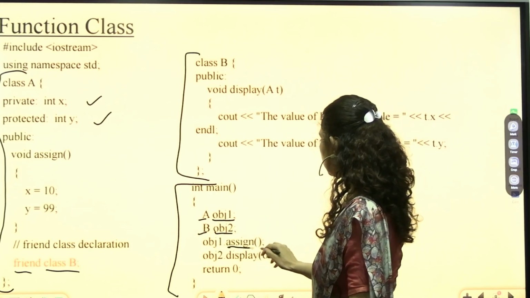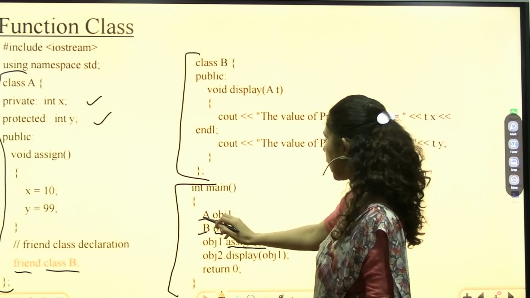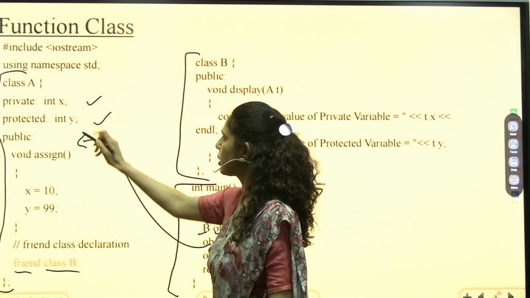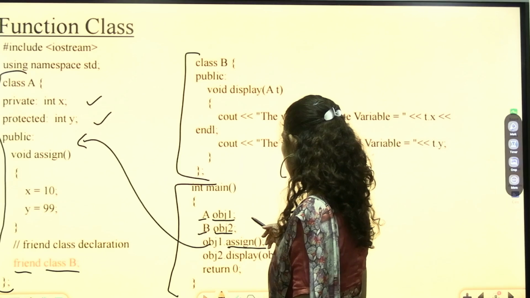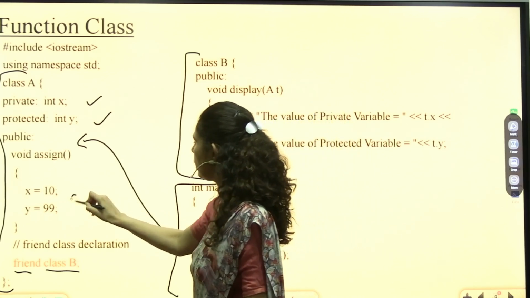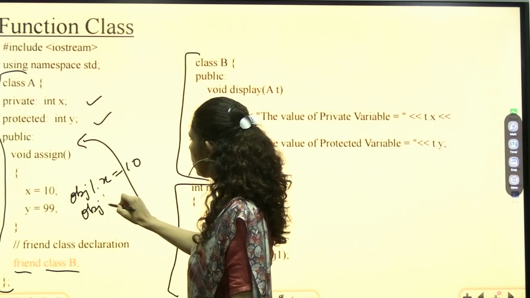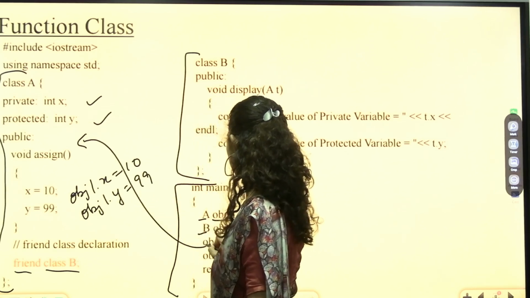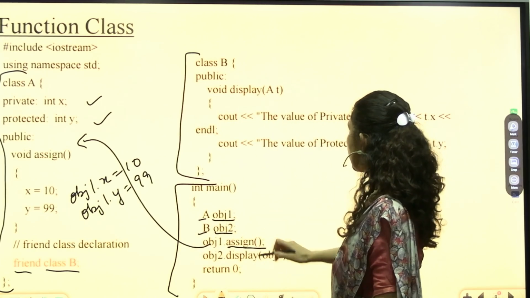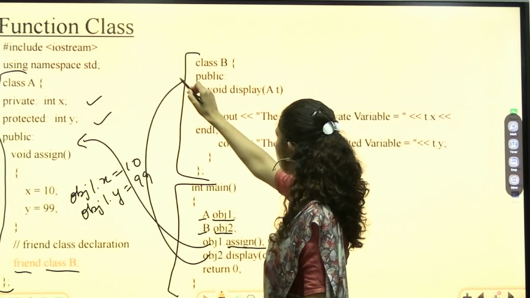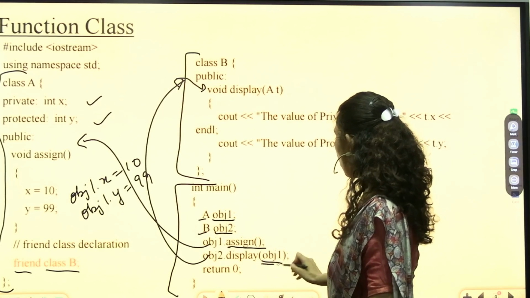Now we will call the function assign for obj1. So obj1 was the object of class A. So the assign function that is present inside class A will get called, and you will assign the values of x and y for obj1. So obj1 dot x will be 10 and obj1 dot y will be 99 after this particular line, and then we will call the display function that actually belongs to class B. So you will call this display function here in class B, and you will carry the object as an argument.